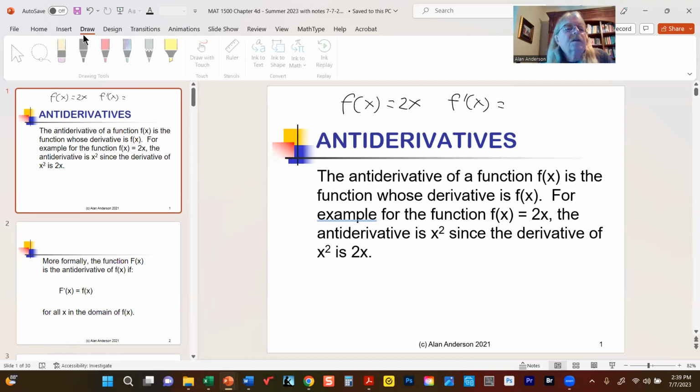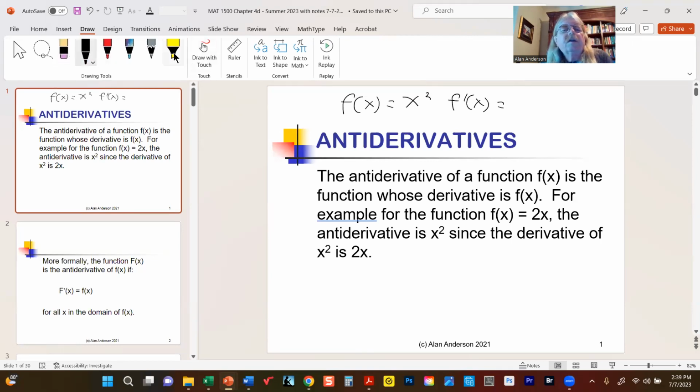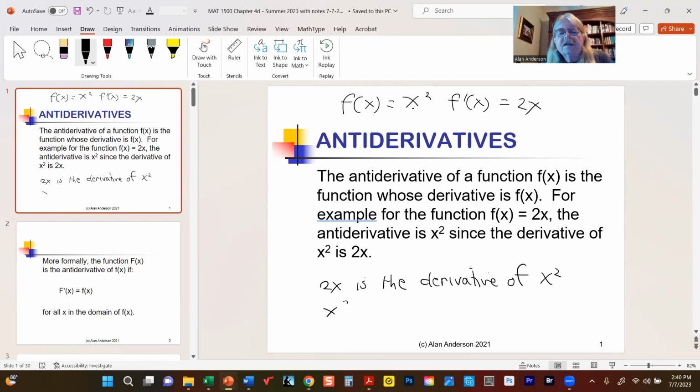Actually, this is what they're doing. If f of x is x squared, we know that f prime of x from the power rule is 2x. We say that 2x is the derivative of x squared. Then we can say in turn, x squared is the antiderivative of 2x.